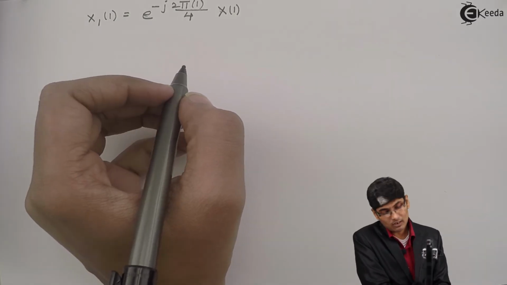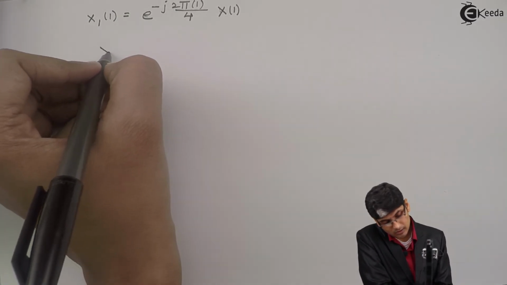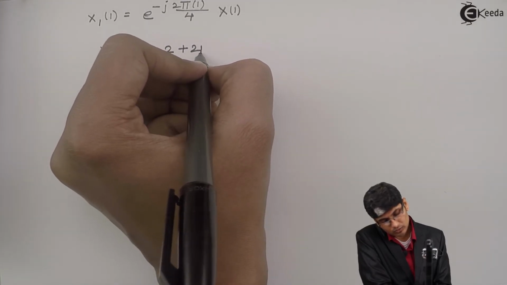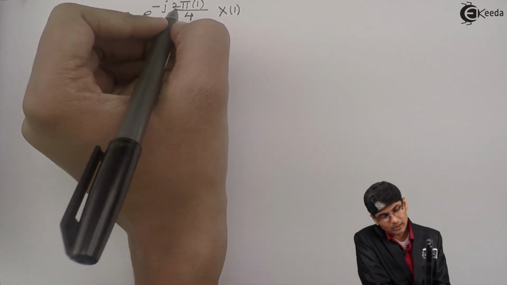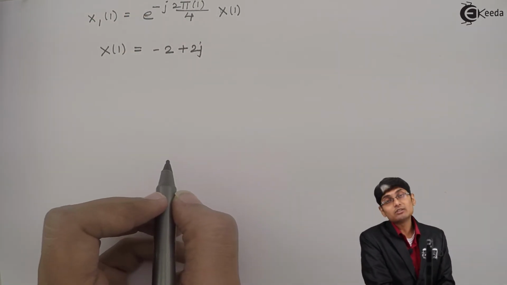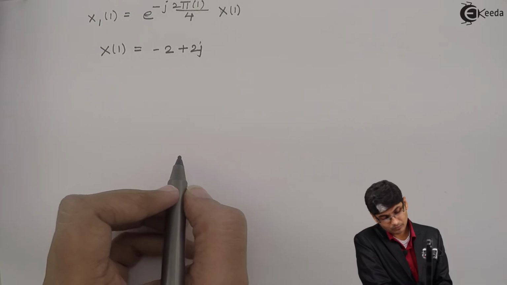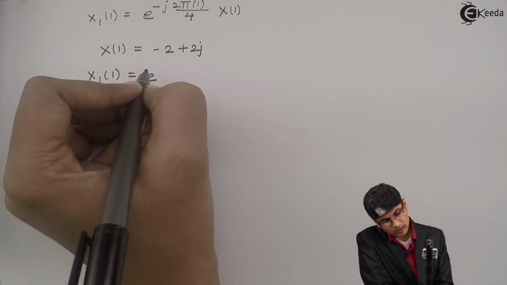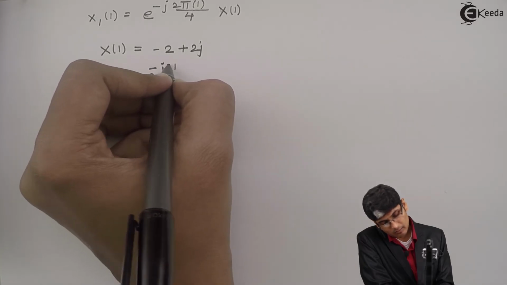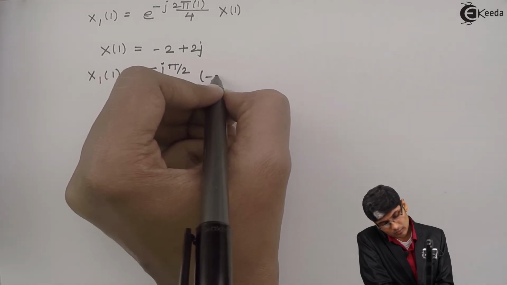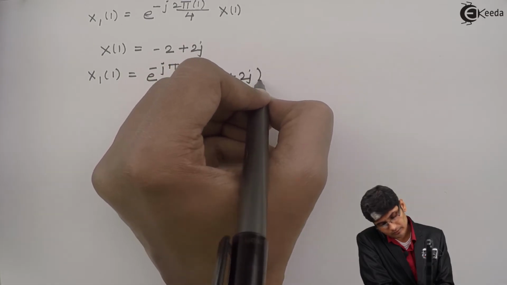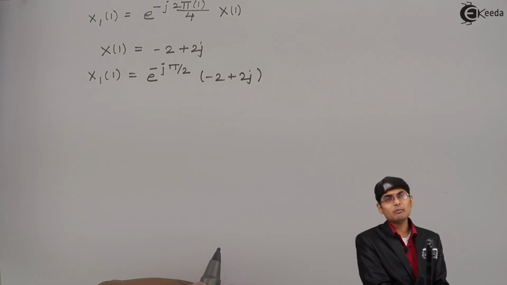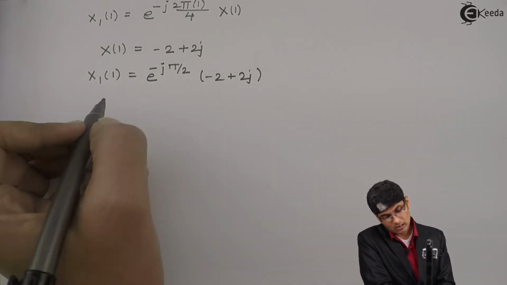So, our x of 1 is minus 2 plus 2j. I have to multiply it with e raised to minus j pi by 2. So, x1 of 1 will be equal to e raised to minus j pi by 2 into minus 2 plus 2j.